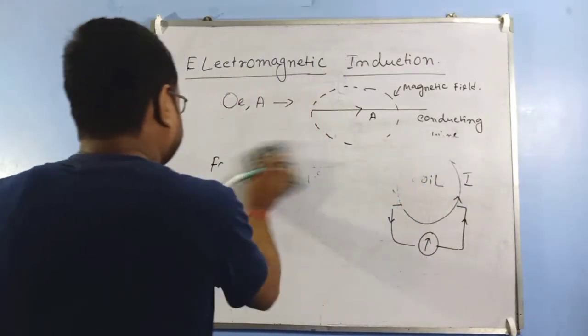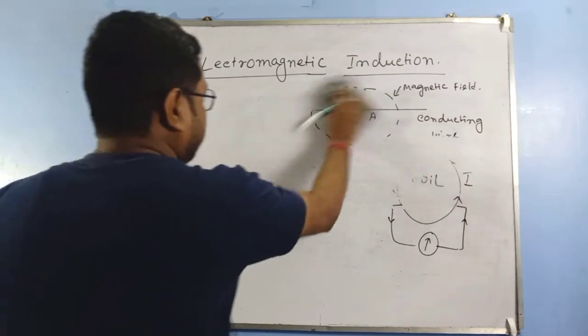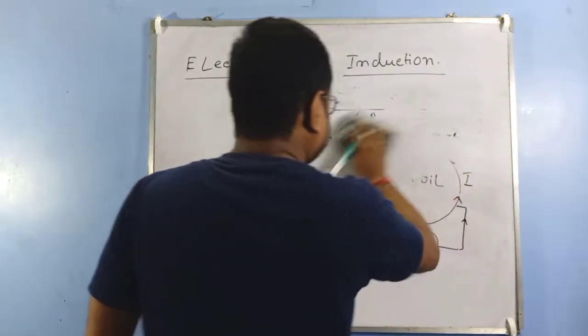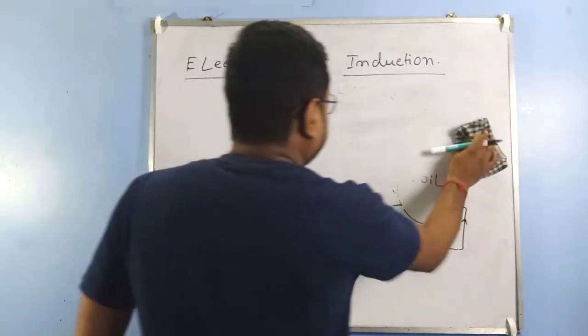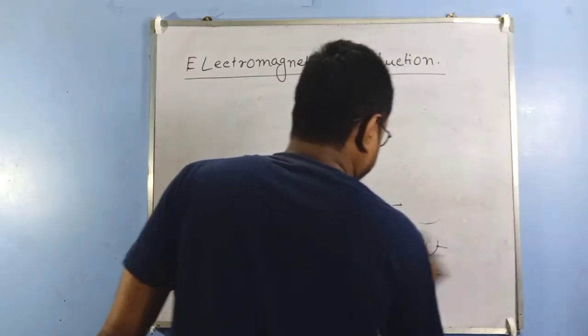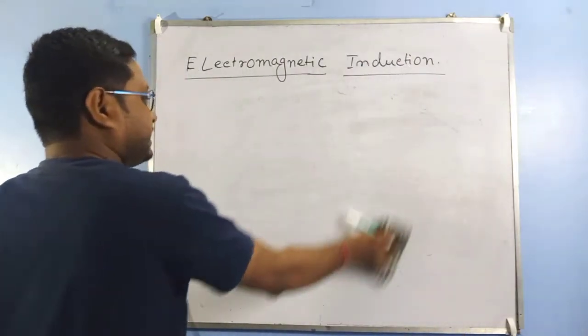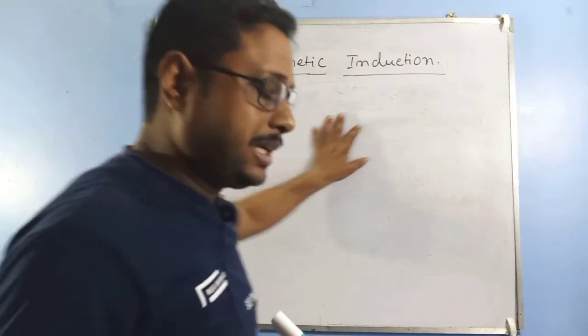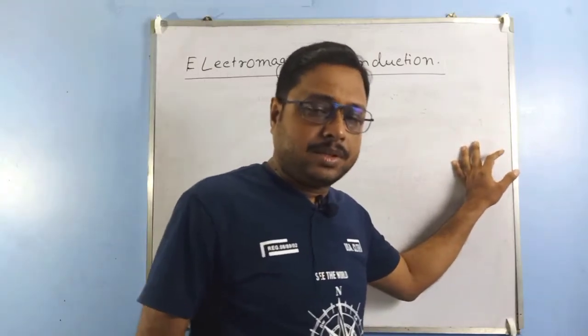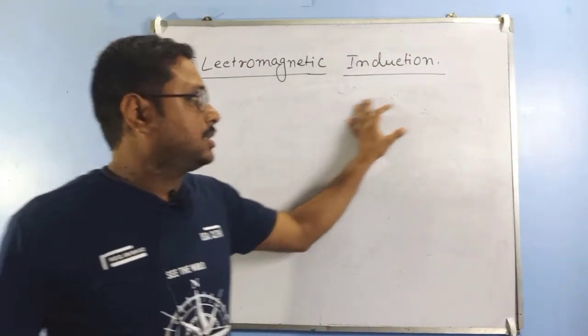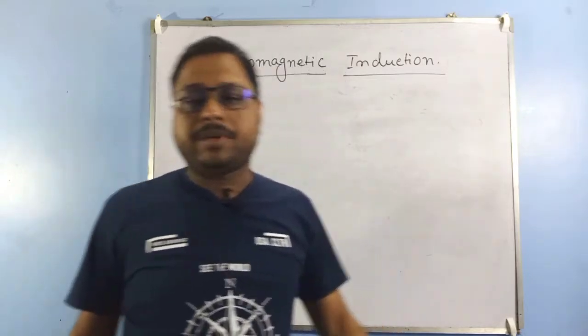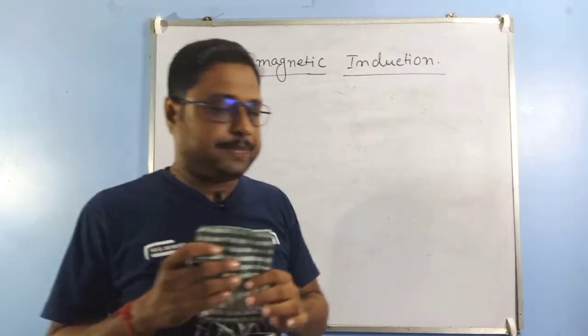To answer this question, we can go with an example of Michael Faraday. Faraday did many experiments, basically three, but as the video is short, here we deal with only one experiment.